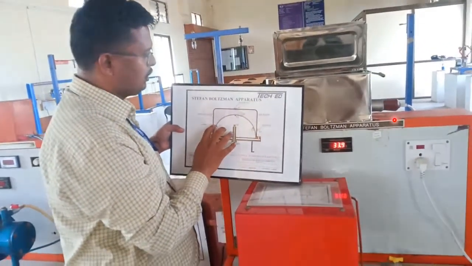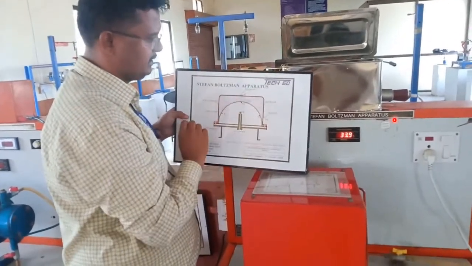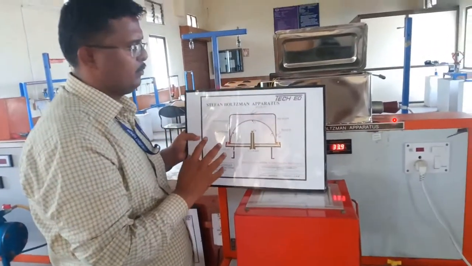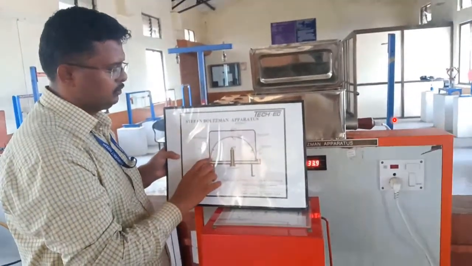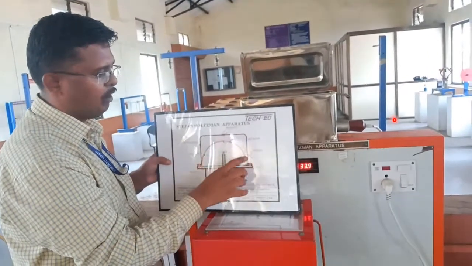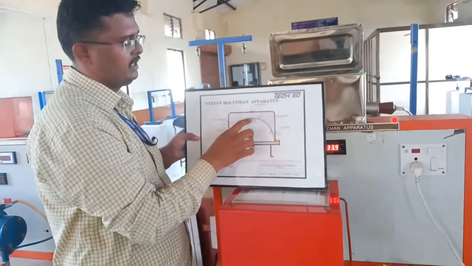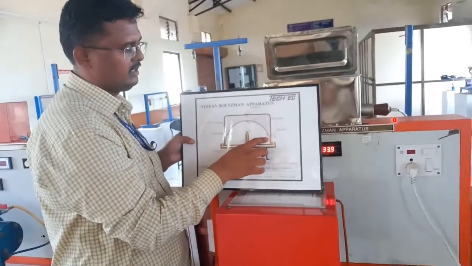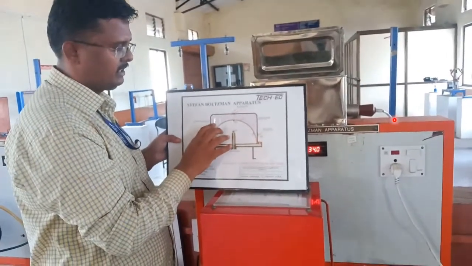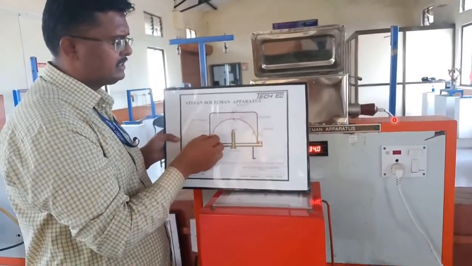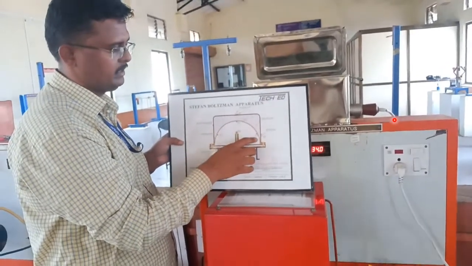When this hot water enters this stainless steel water jacket, let us wait for some time till it reaches its steady state. Steady state means, on the hemispherical ball here, 3 thermocouples are placed, which read the temperatures T1, T2 and T3. As the heated water is taken here, after some time we note down the T1, T2 and T3 temperatures.